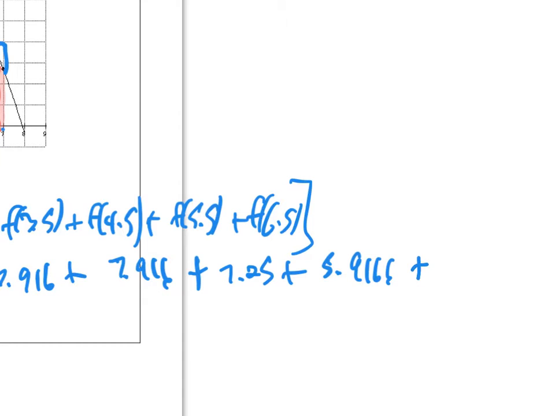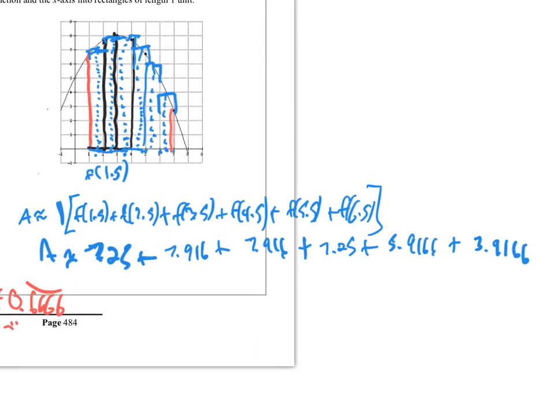Is that a 5.9166? That was for f of 5.5. No, but I'm asking, is it a 5? That's what they say. Yeah, it's 5. 3.016? No, 3.916. I thought that was 7. 3.9166. Okay.